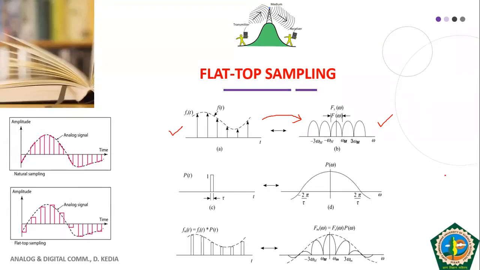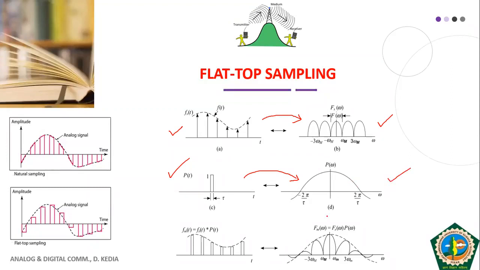So students, once we observe this impulse sampled PAM signal in frequency domain, then we had seen the single pulse of duration tau, and this was its representation in frequency domain. I told you that if we represent a rectangular pulse in frequency domain, we get a kind of sinc pulse. So that is that one.